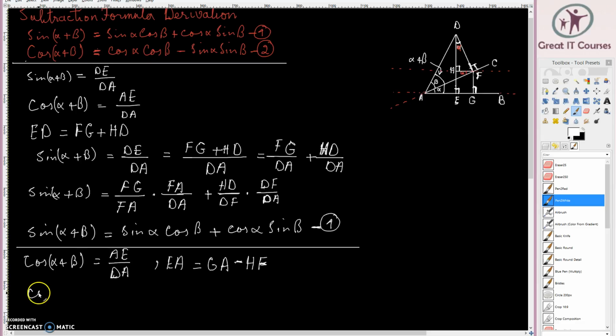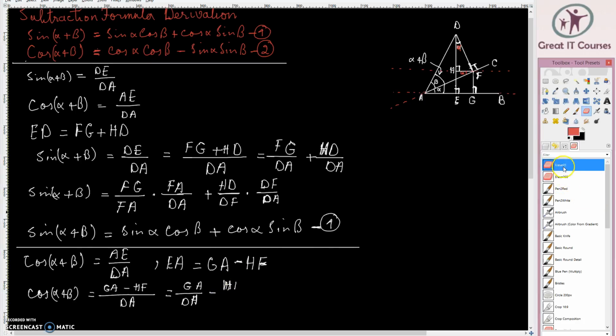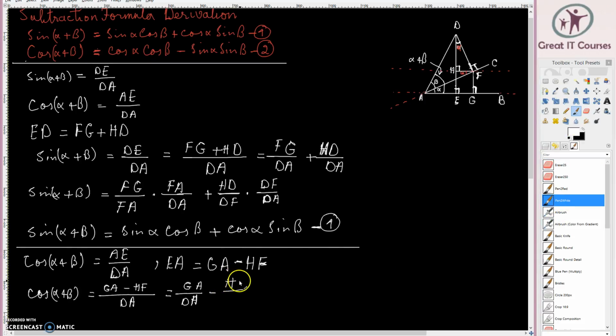So cos alpha plus beta is equal to basically GA minus HF over dA, which is equal to GA over dA minus HF over dA.